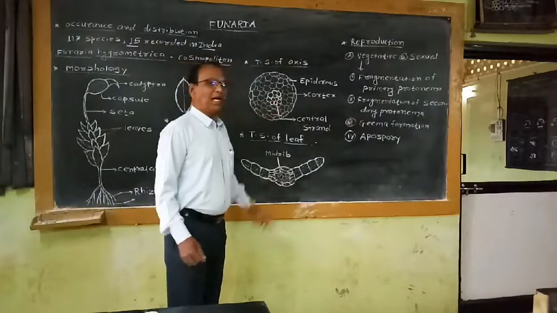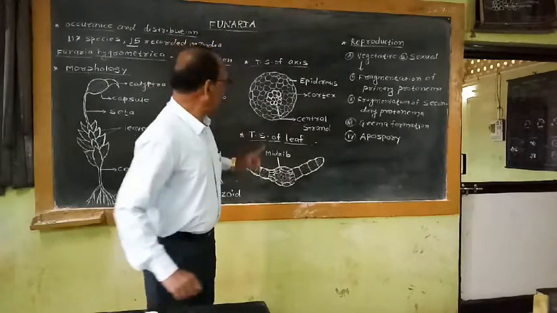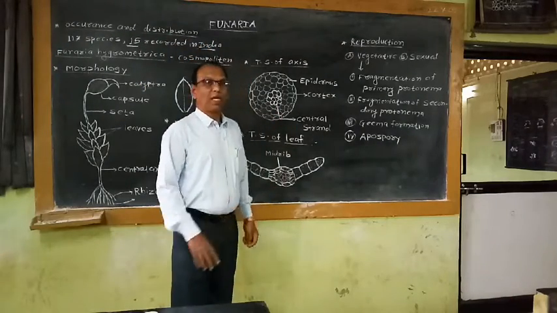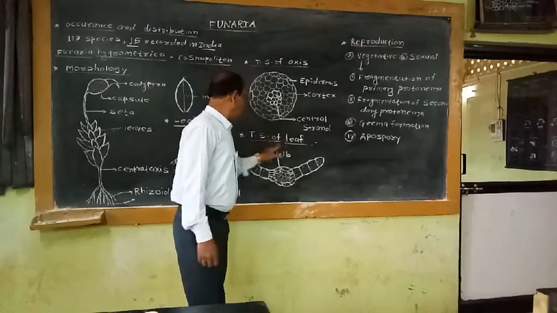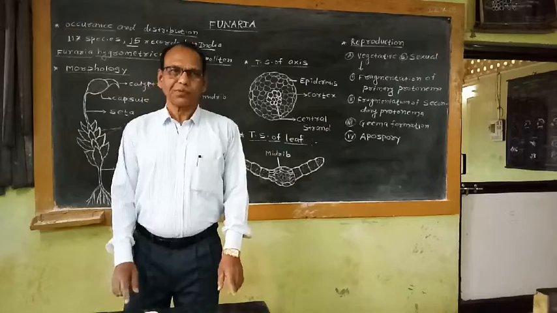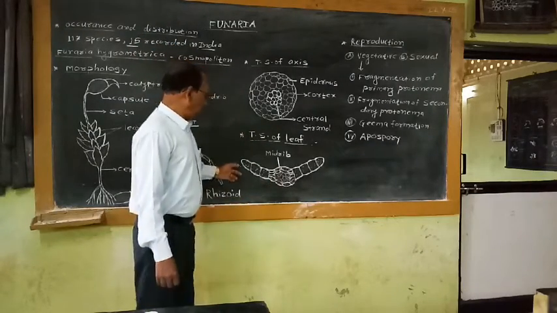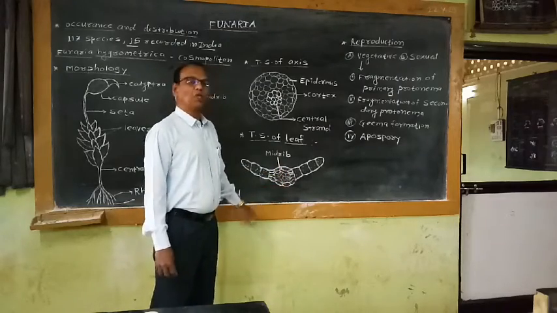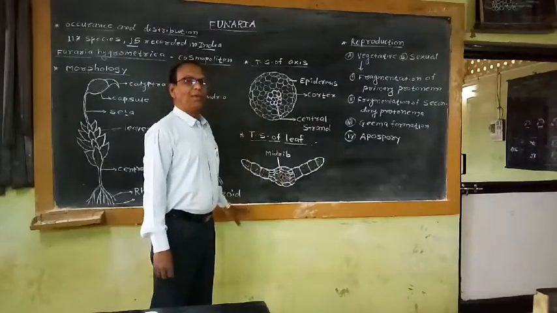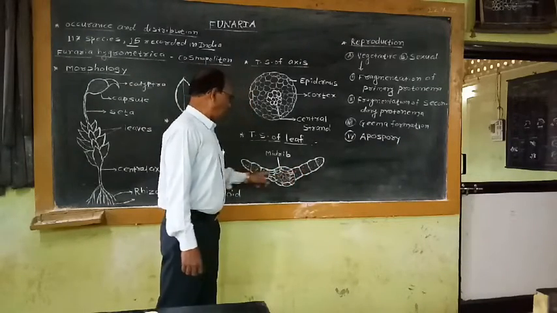Only elongated parenchyma cells are there, which are thin-walled, but they have ability to take part in transport of water and nutrients. If we take the transverse section of leaf of Funaria and observe under microscope, the anatomy of leaf is very simple. Leaf doesn't show tissue differentiation as in this main axis. There is a single layer of cells.